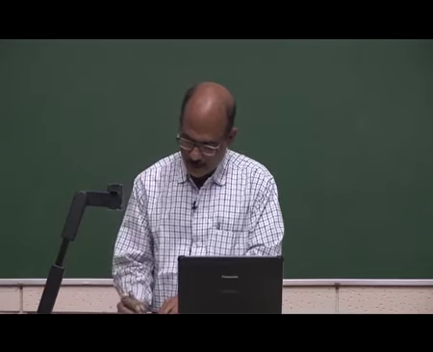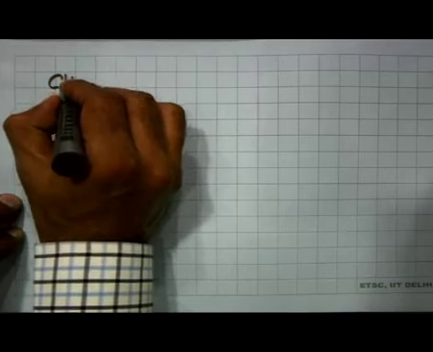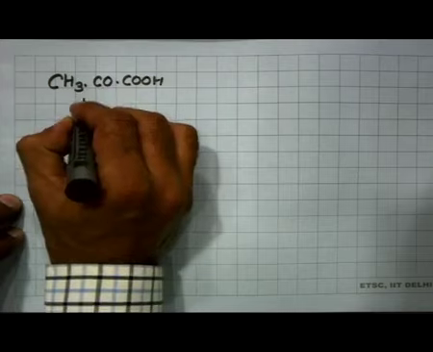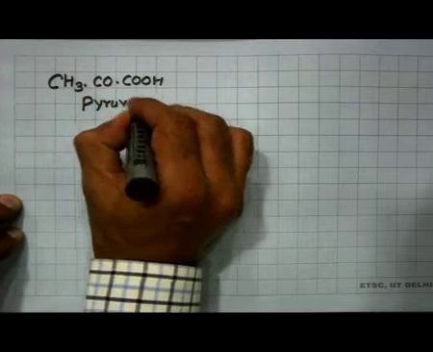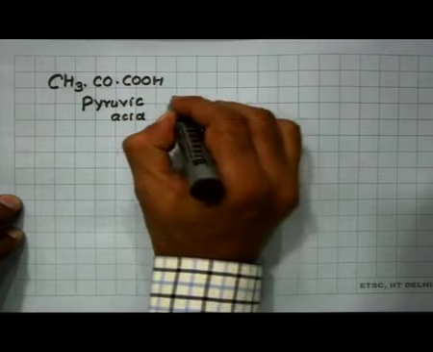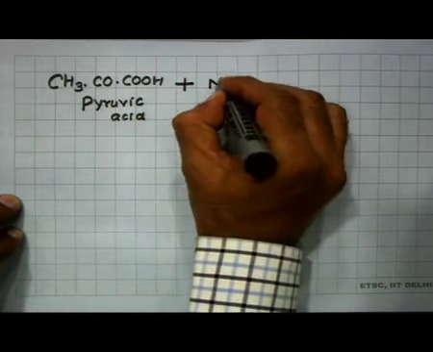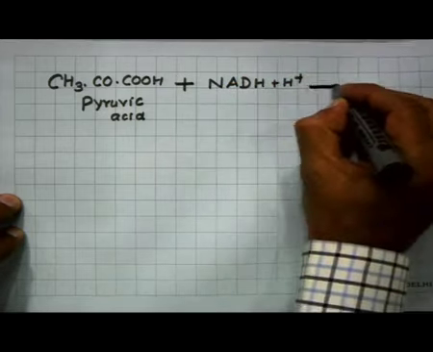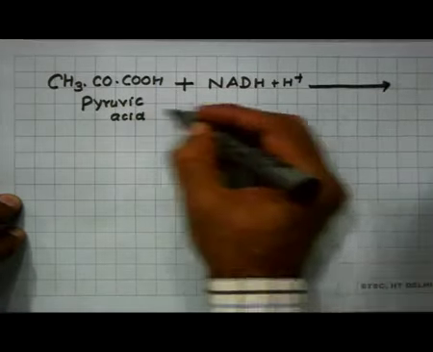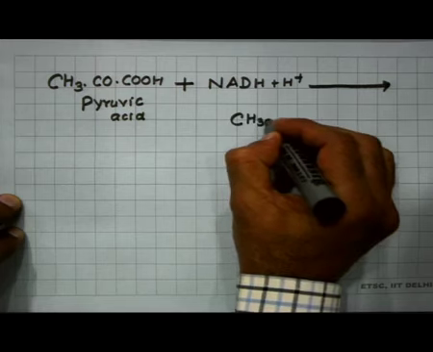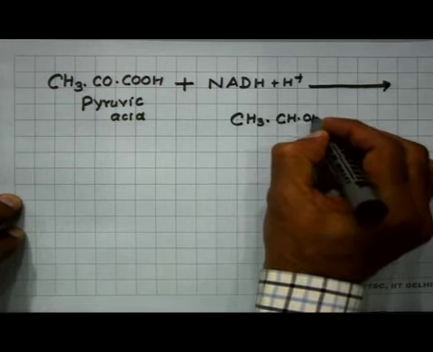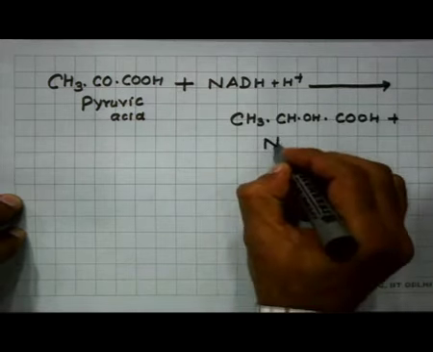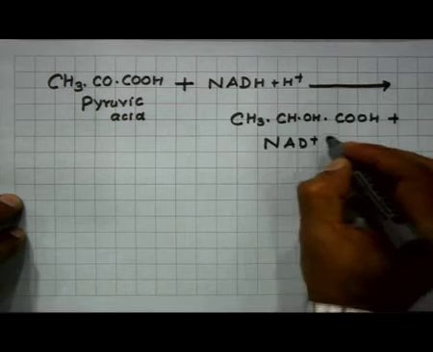First of all, the pyruvate, CH3 CO COOH, the end product of glycolysis, directly combines with NADH and is directly converted into CH3CHOHCOOH plus NAD plus.